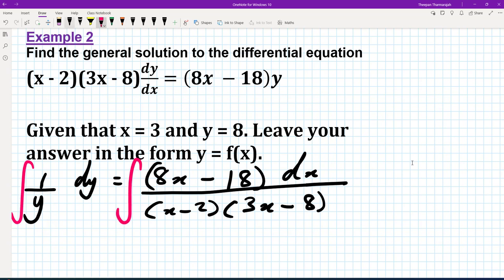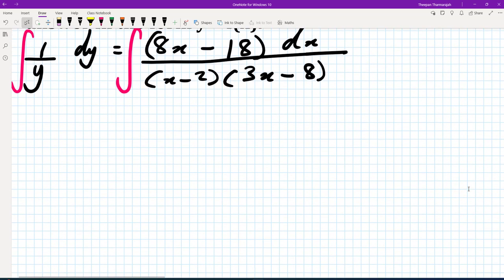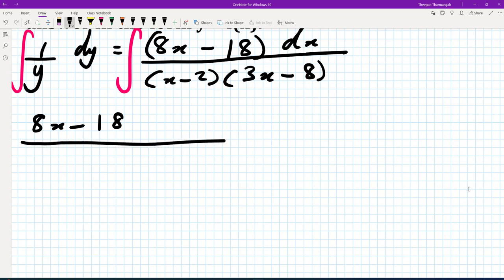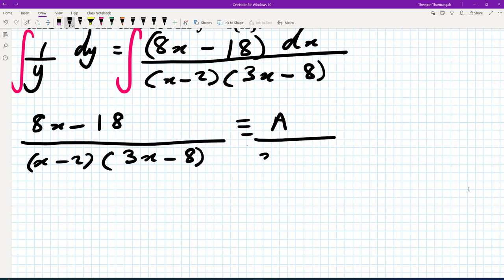So before we do any kind of integration, we need to sort out the partial fraction. So we're going to write this as follows. We're going to write this as 8x minus 18 all over x minus 2 times 3x minus 8 is the same as a over x minus 2 plus b over 3x minus 8.